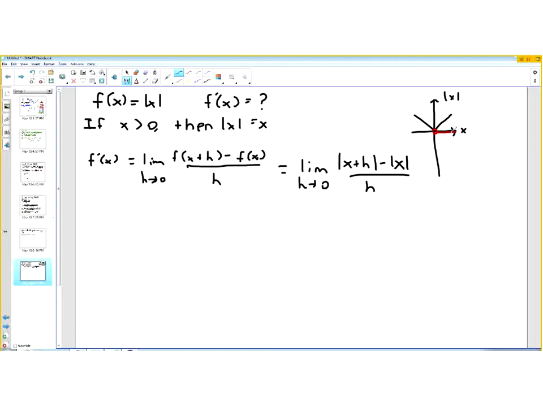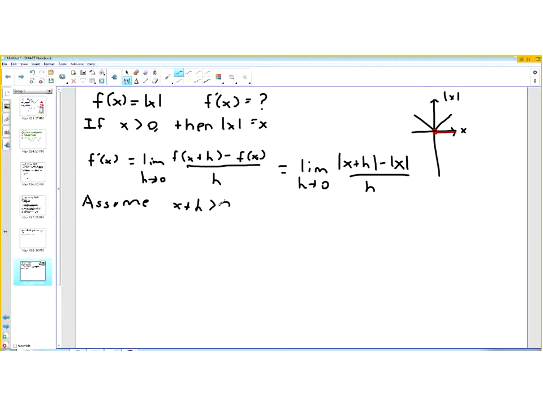And so x plus h, if h is approaching 0, we presume that h is also on this red ray as well. So in calculating this limit, we'll assume that x plus h is also greater than 0.